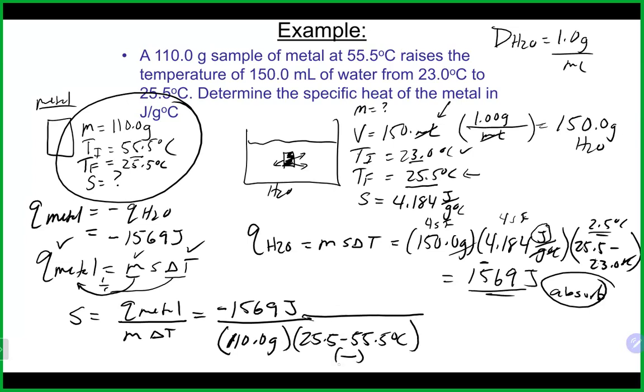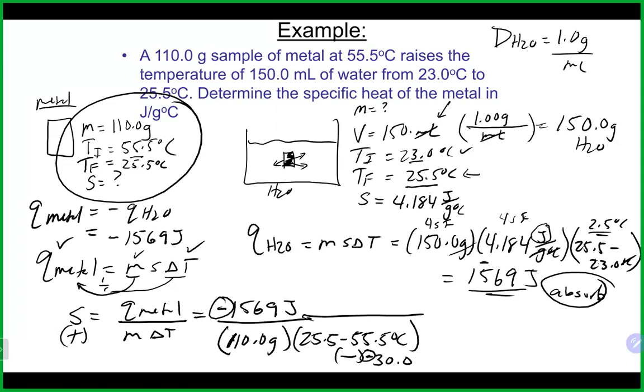This number here is going to give us a negative value, which is necessary to turn our S into a positive value. So I think we get something like negative 30.0. And again, that negative there and this negative here will turn this into a positive number, which it should be. That's what we're looking for.